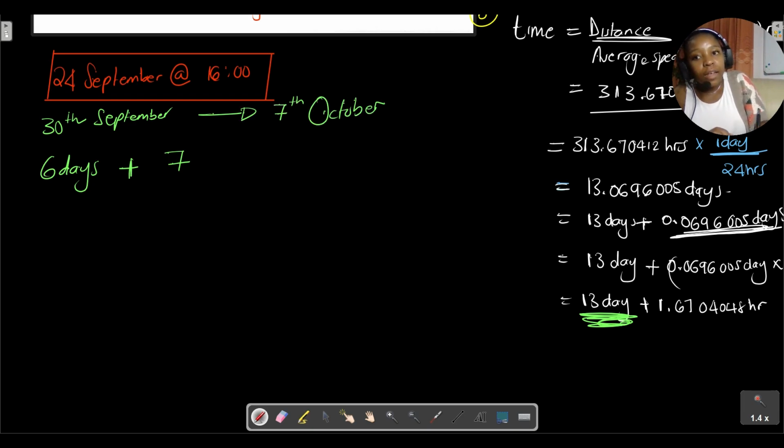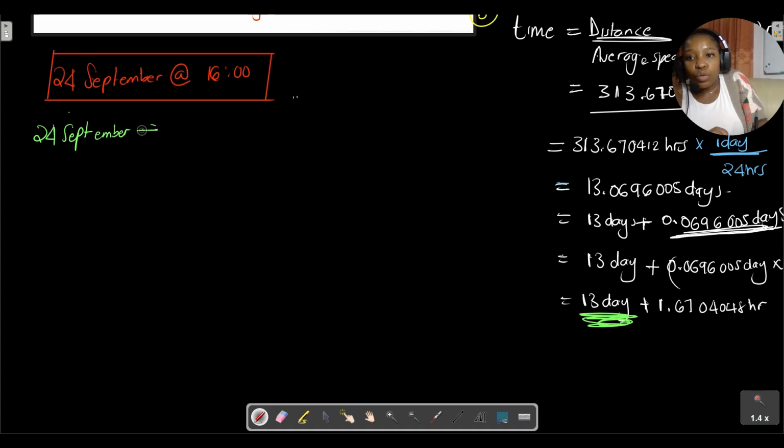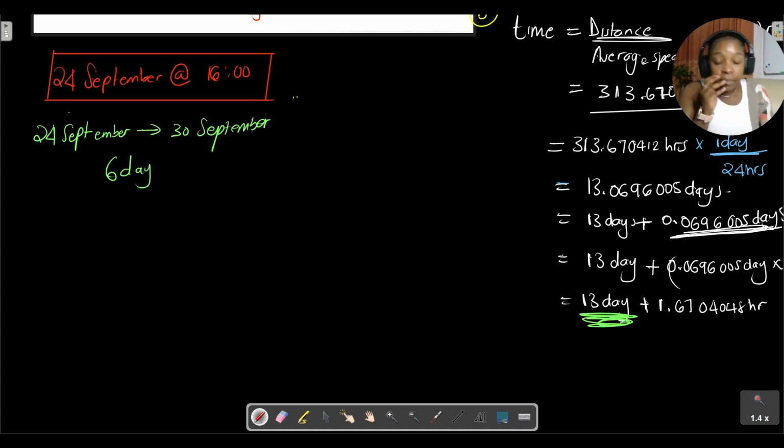Let's actually write it like this so that you guys can see what's happening. From the 24th of September to the 30th of September, it's 6 days, right? Then how many more days do we still need to travel? We just take 13 minus 6. We still need to travel 7 days.